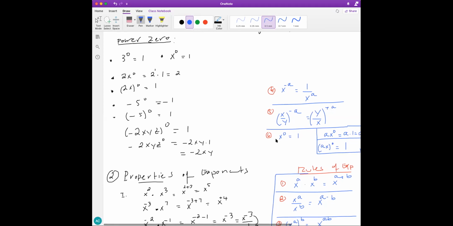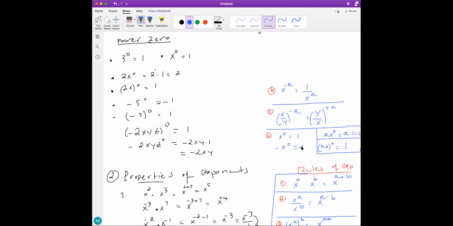And of course, we also saw negative x to the power 0. In this case, this negative is like the a here. The a could be any real number. So what is negative x to the power 0? Negative 1. That's right.